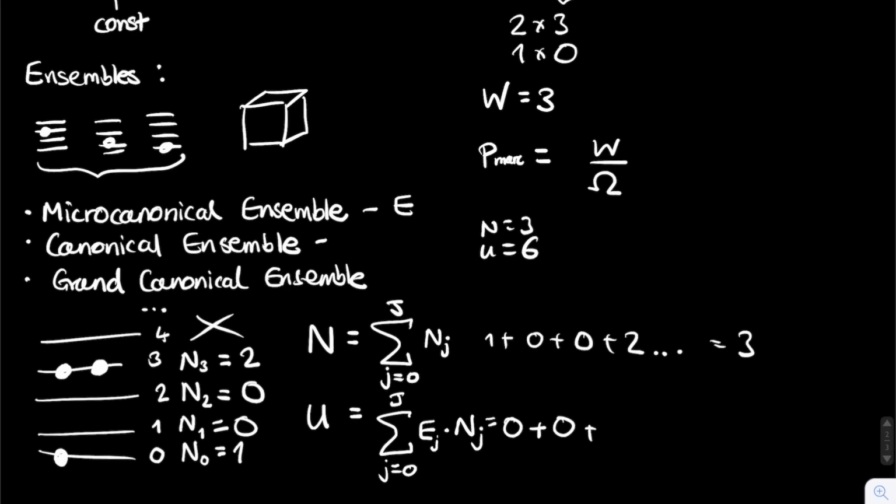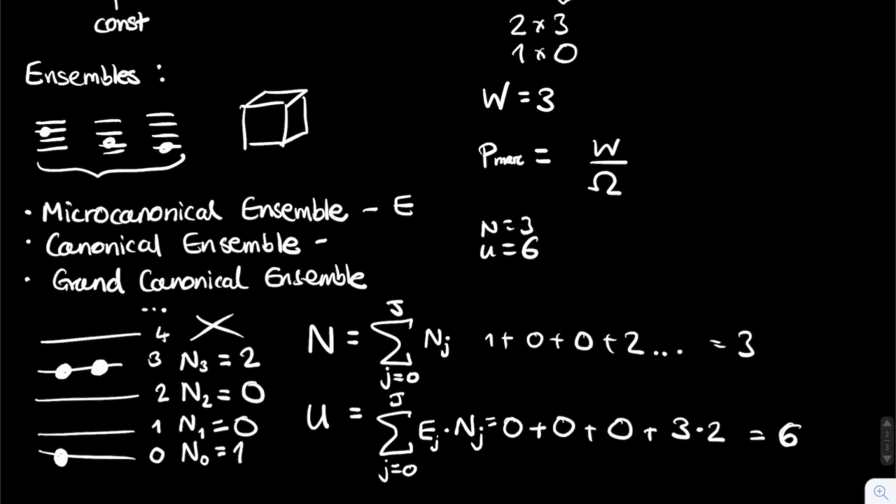The n equals 2 level, no particles, so just another 0. The n equals 3 level, well, the energy of that level is 3. And how many particles have we got? We've got 2. And so that is just going to equal 6, which is the amount of energy that we had. So all is well.